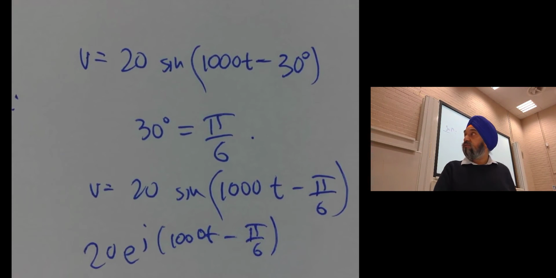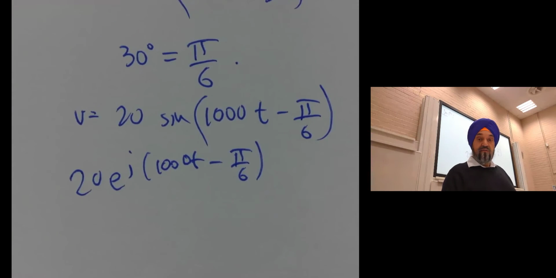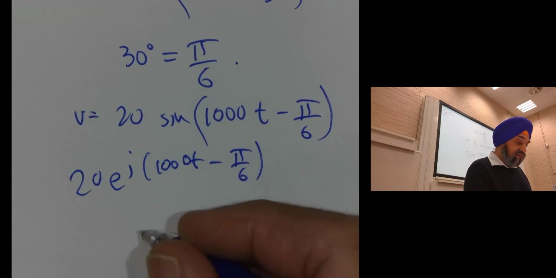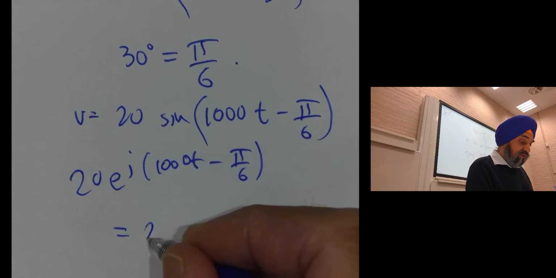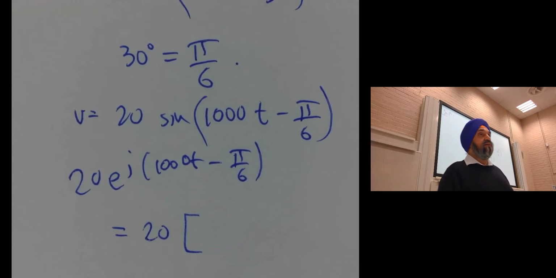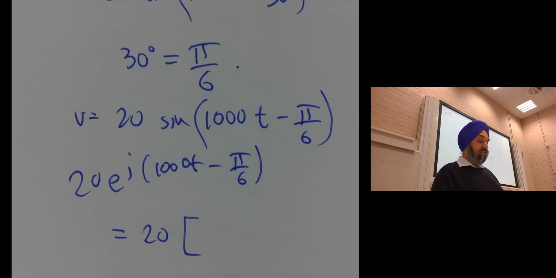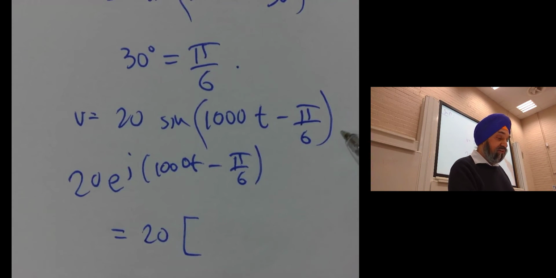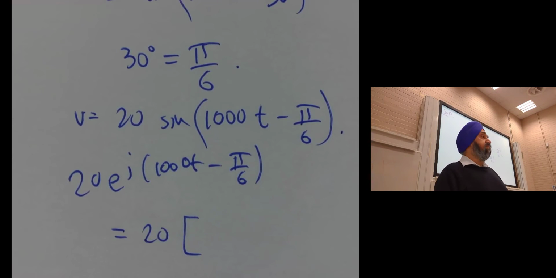Now if we work this out, what do we get? You should be able to convert that. It's 20 cos of that argument plus j sine of that argument, isn't it?